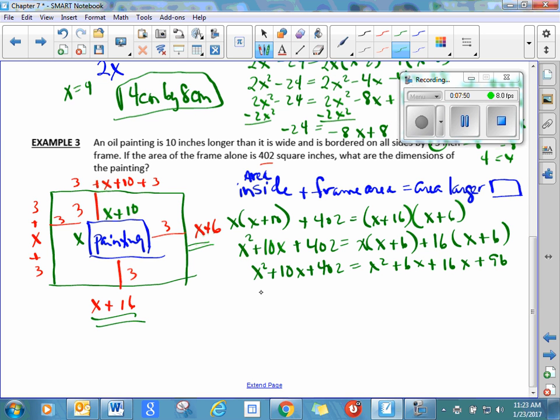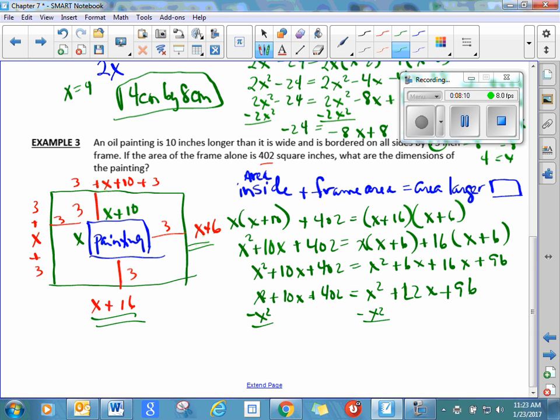Okay, let's combine those terms on the right-hand side. x squared plus 10x plus 402 equaling x squared plus, what is that, 22x plus 96. Now I can start getting this stuff cleared out.